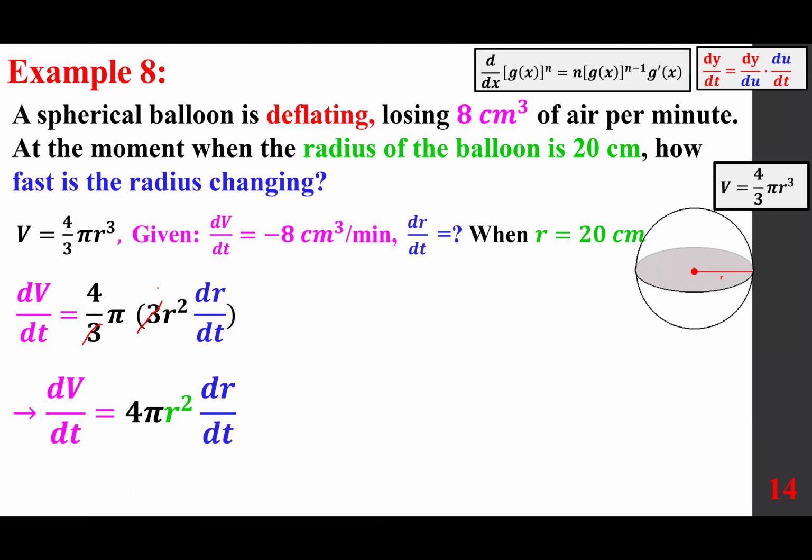We can solve for dr dt or just plug in right here. That means replace the dV dt with -8. 4 pi times replace the r with 20, so 20 squared, 400 times 4, 1600 pi.